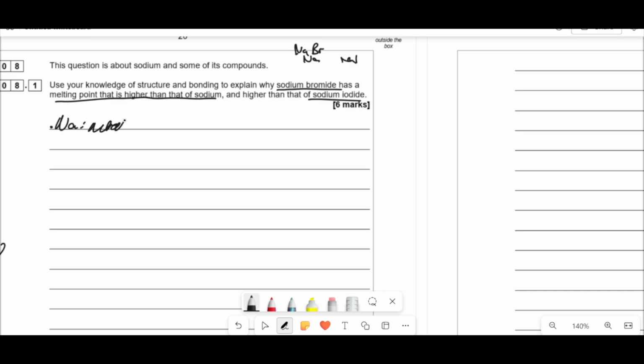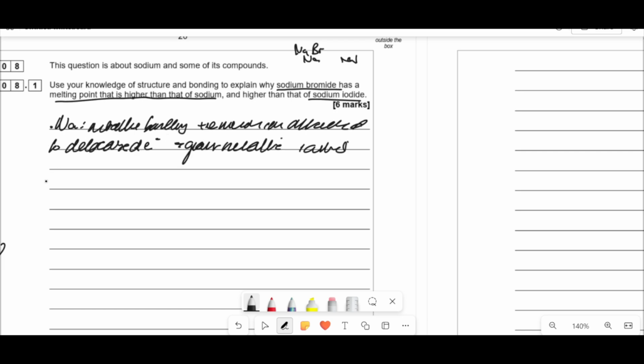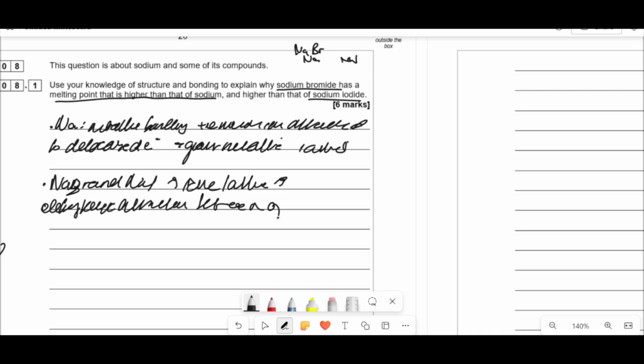So Na has metallic bonding, which is where you've got positive metal ions attracted to delocalized electrons, giving a giant metallic lattice. For the ionic stuff, NaBr and NaI, this is an ionic lattice. So you have electrostatic attraction between oppositely charged ions.